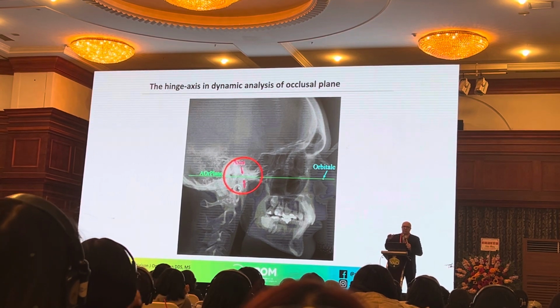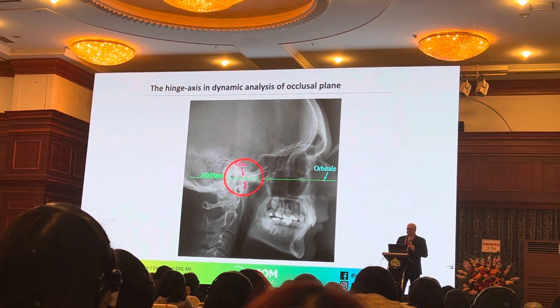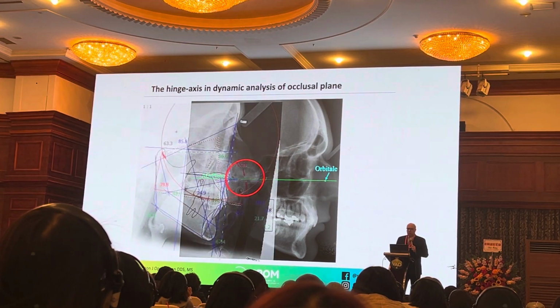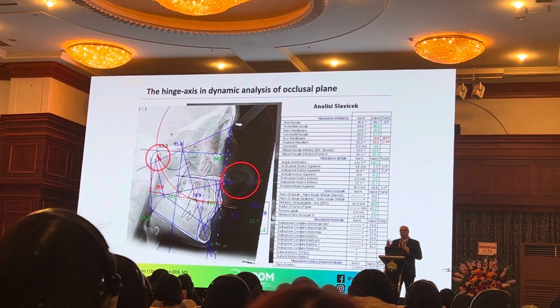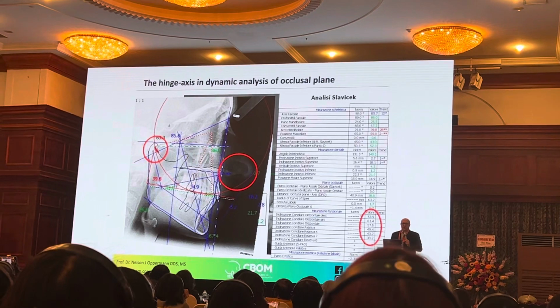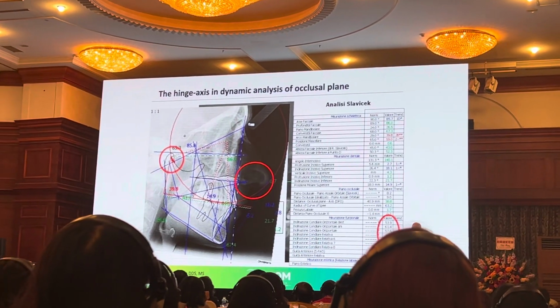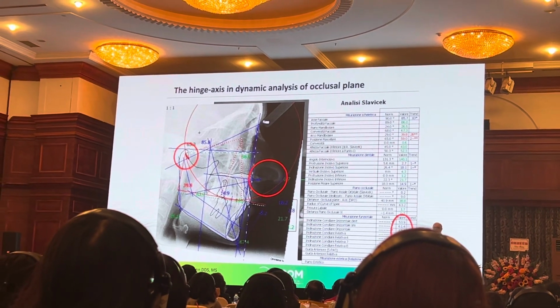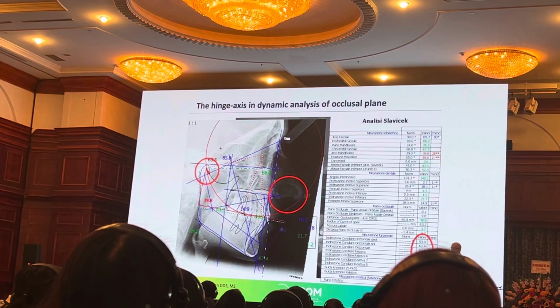And this hinge axis orbital we call axis orbital plane. After that, we can develop a VTO based on my tracing. In the VTO, I can reposition the mandible wherever I want, cephalometrically speaking, increasing the vertical posterior or the lower facial height, but having in mind also the inclination of the joint.